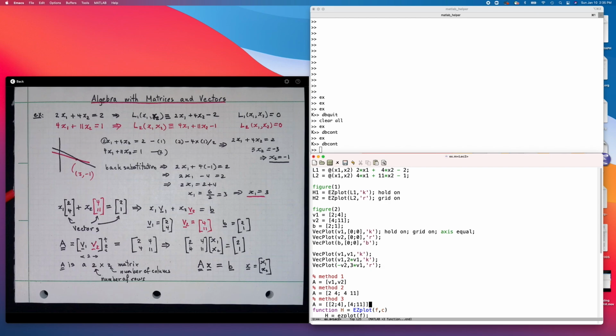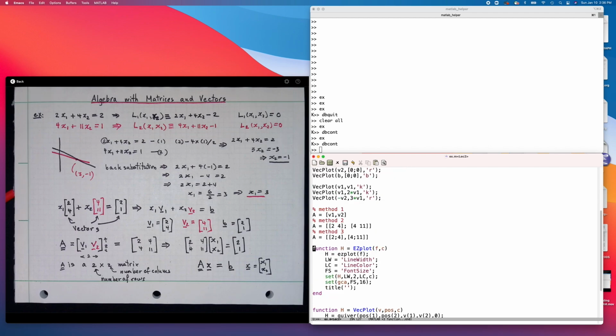In this case, I entered the two rows separated by the semicolon. You can put the square brackets or not, it doesn't matter. So here it's two rows, the row 2, 4 and the row 4, 11. Here it's two columns, the column 2, 4 and the column 4, 11. I think those are the main ways.